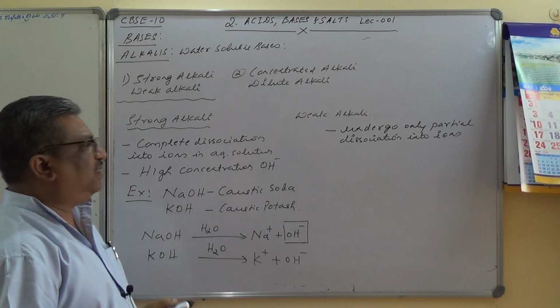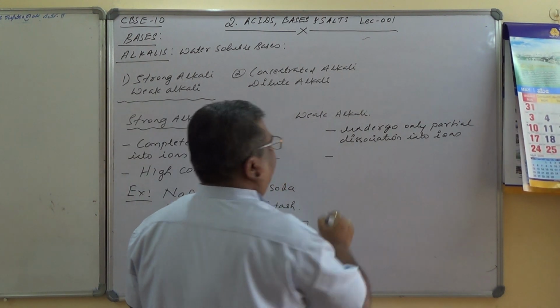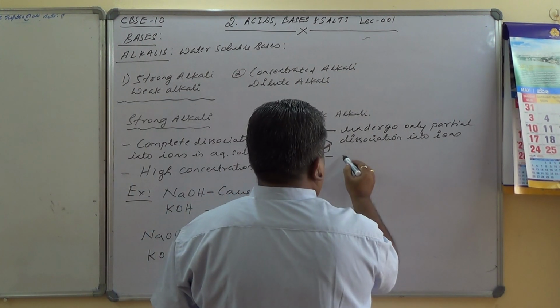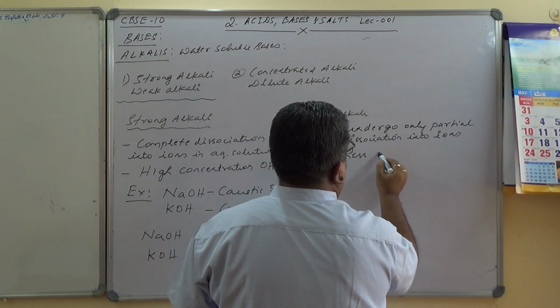So when they undergo partial dissociation, the number of hydroxide ions produced is lesser in concentration. Thereby they produce a lower concentration of hydroxide ions.